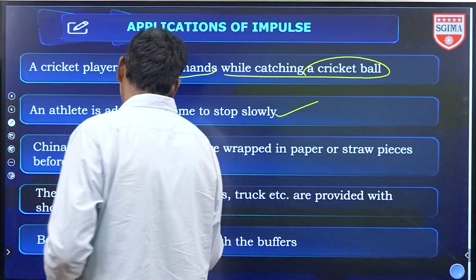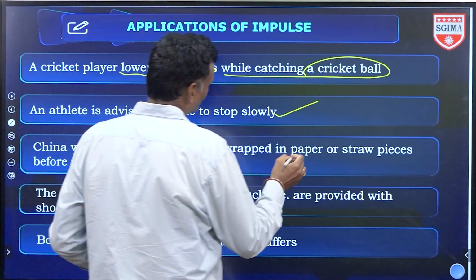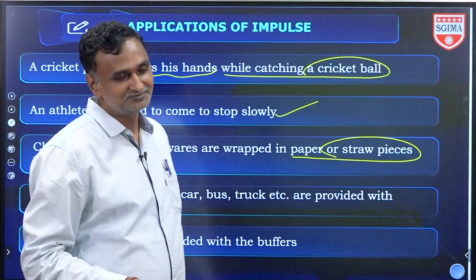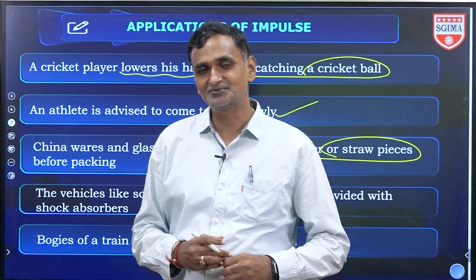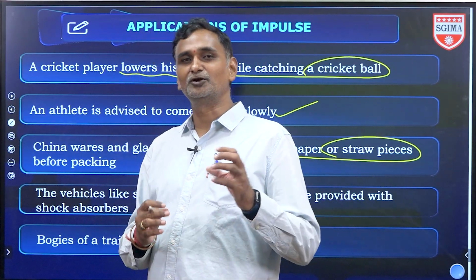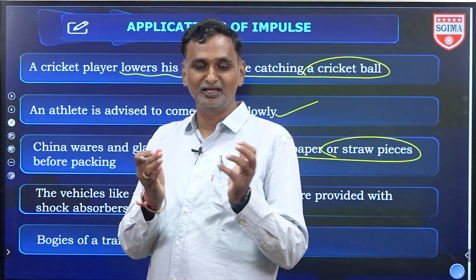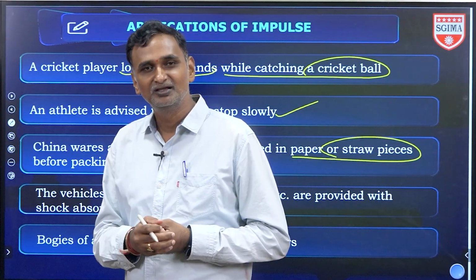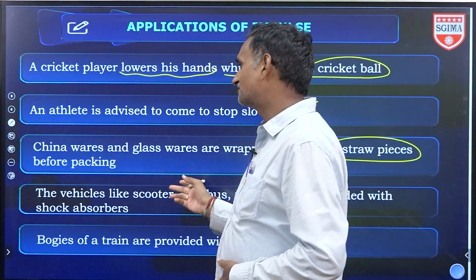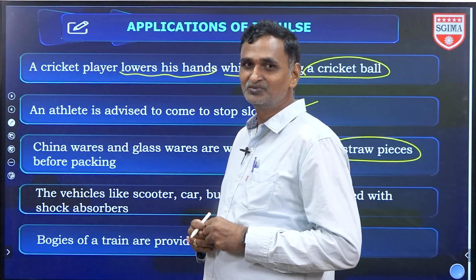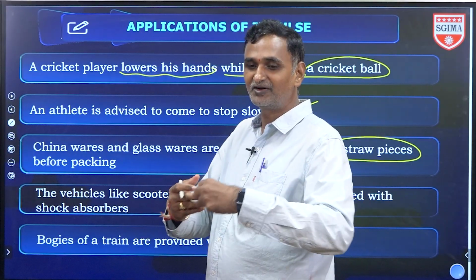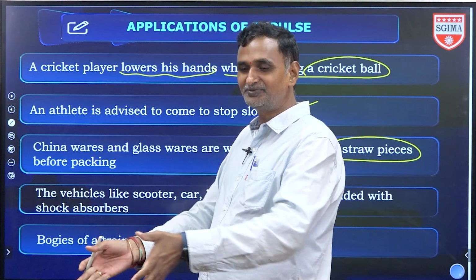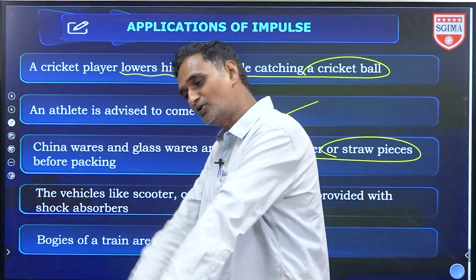Next, China wares and glass wares are wrapped in paper or straw pieces. If you have seen parcel boxes with fragile substances, they are packed in straws or air bubble packaging. Why do they need to be packaged in such a way? Otherwise they get hurt immediately because of the force acting for a fraction of a second. If the package is dropped, it suddenly comes into contact with the ground.